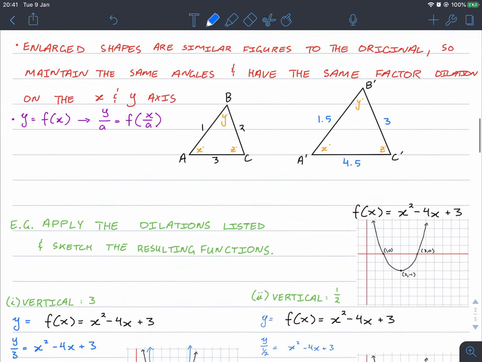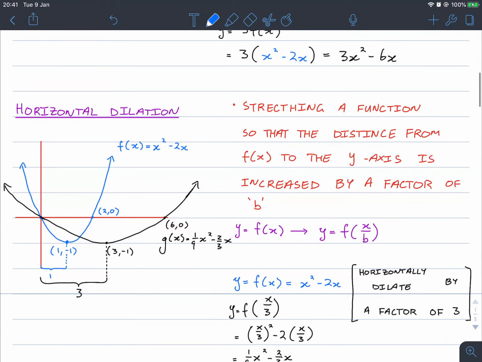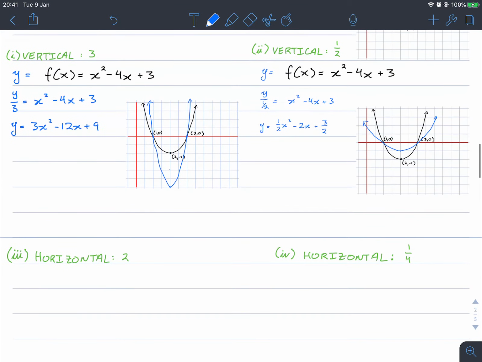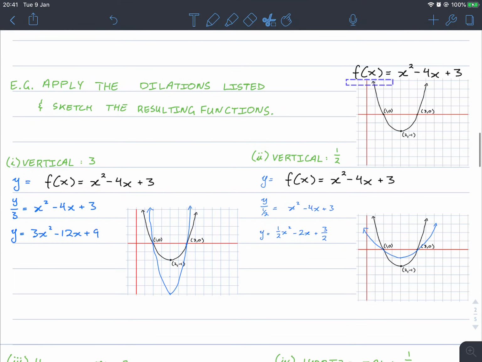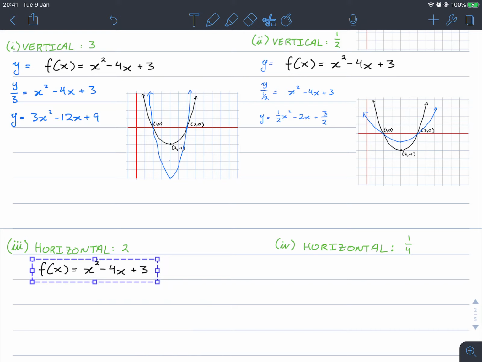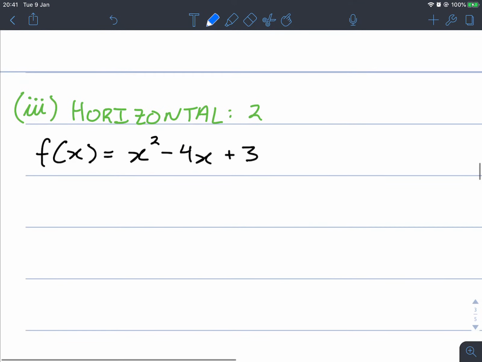Let's do this again with horizontal dilations. Now with horizontal dilations, just so that we can recall, we replace x by x over the factor that we want. So here's our original. And we're replacing this with x over 2.